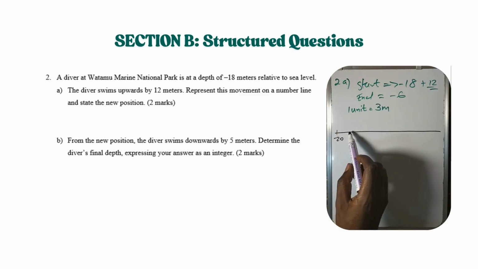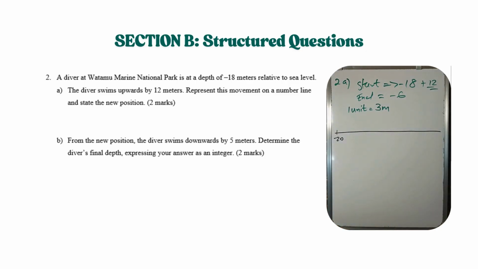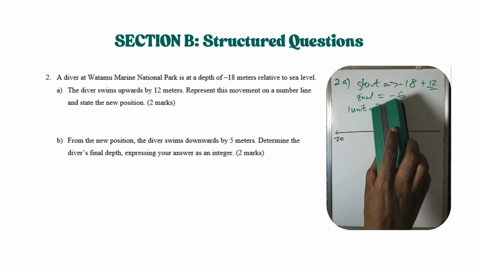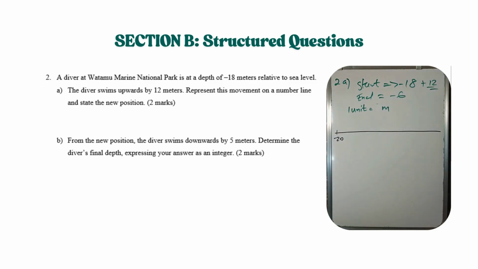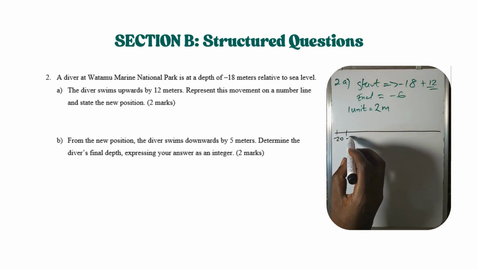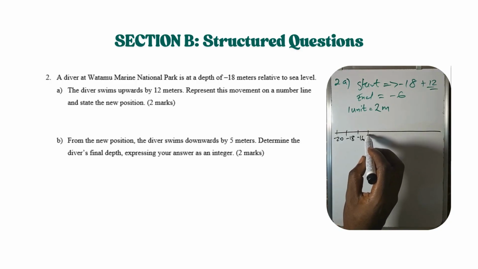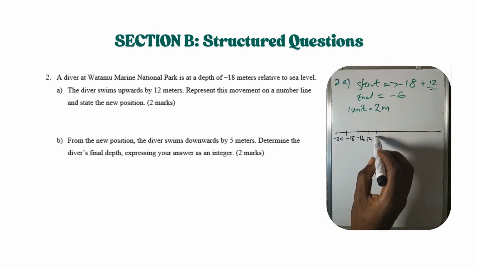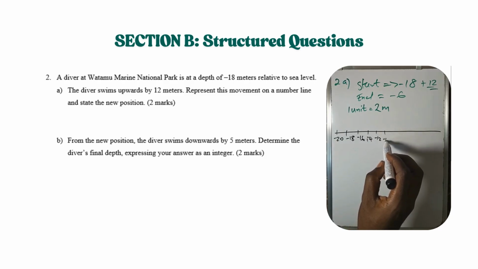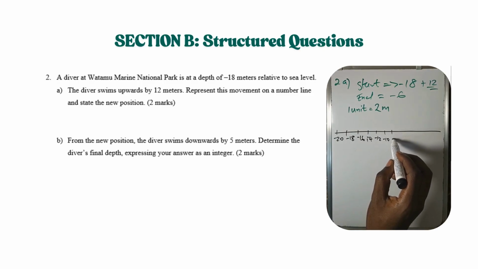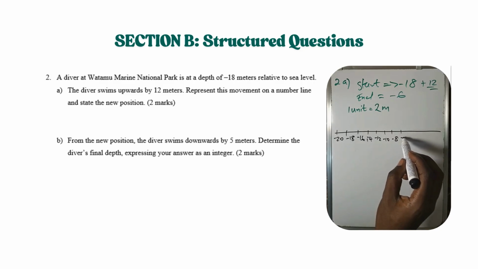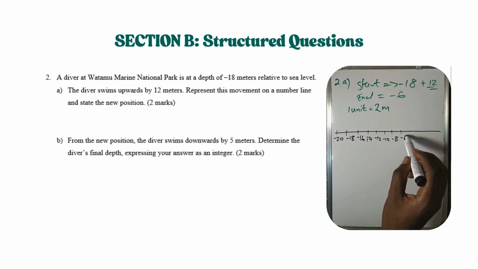Here is negative 20. When we start at negative 20, we'll go to negative 18, then negative 16, negative 14, negative 12, negative 10, negative 8, then negative 6.